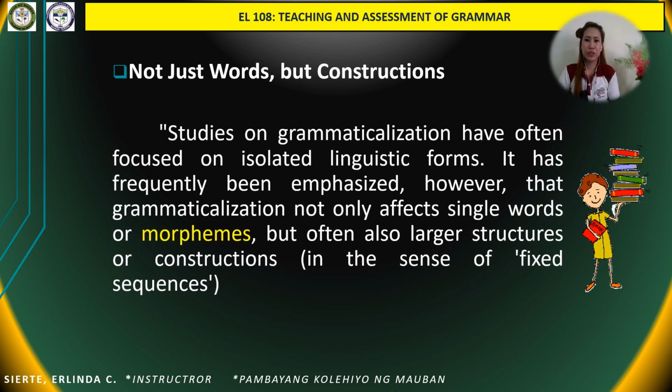So studies on grammaticalization have often focused on isolated linguistic forms. It has frequently been emphasized, however, that grammaticalization not only affects single words or morphemes, but often also larger structures or constructions in the sense of fixed sequences.